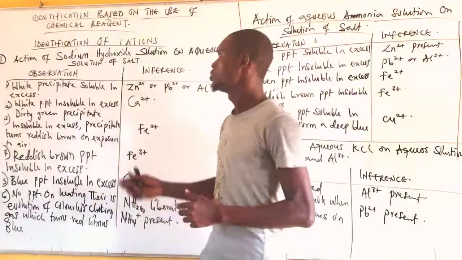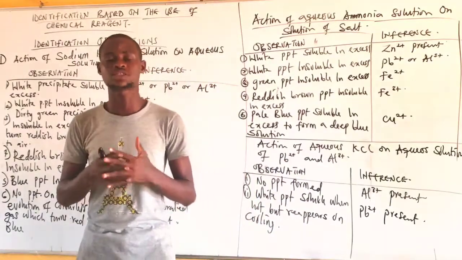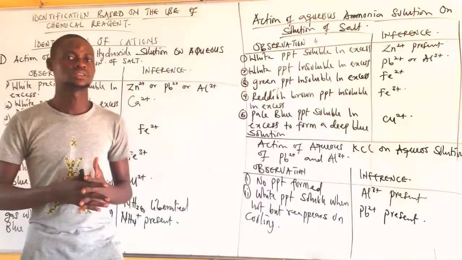Now, I will talk about identification of chemical substances based on chemical reagents.